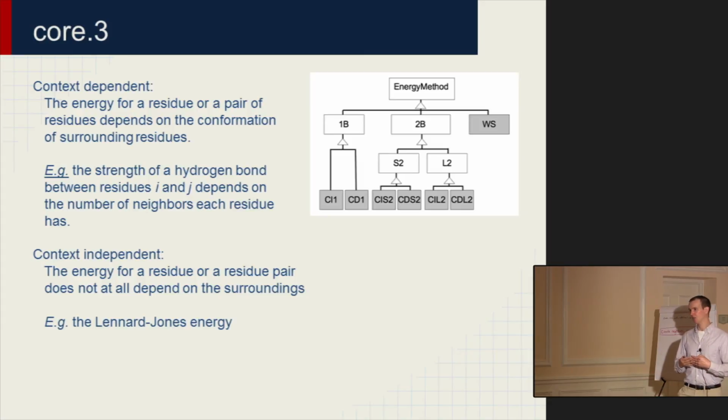And so hydrogen bonds get stronger and stronger the more buried each residue becomes. So the split here between context-independent and context-dependent one-body energies reflects the differing behaviors that the score function needs to be able to treat terms that differ in their context dependency separately, and so there's a separation in the classes here.